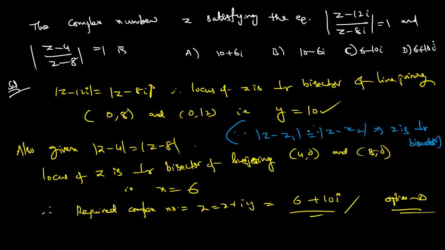Suppose k is other than 1, then it always represents a circle. So shall we verify it? If anybody needs, I will verify how it comes as a circle when k is other than 1.